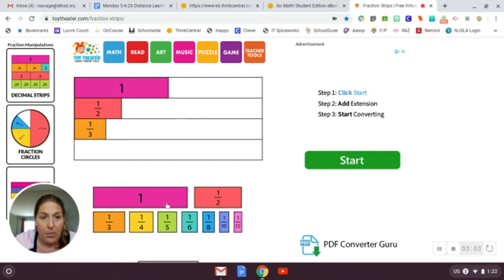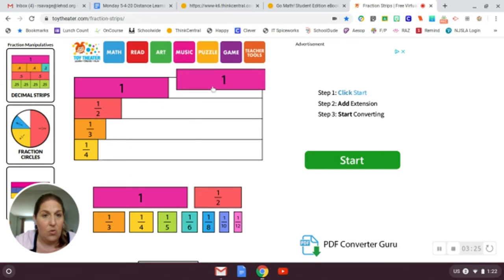So I'm going to pull up, we have 1/2, we have 1/3. Let's pull up 1/4. Now, can you see what's the biggest out of all those? Can you see what's the smallest? Now, it's always important to have one whole up here because this tells you what this fraction is in reference to.